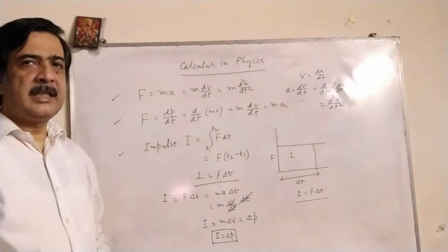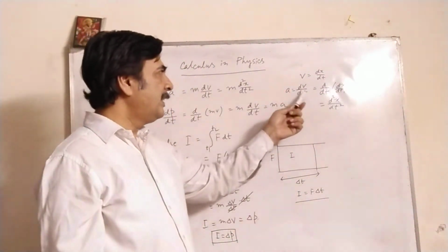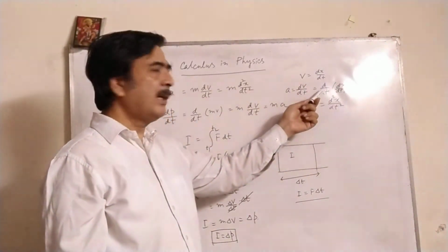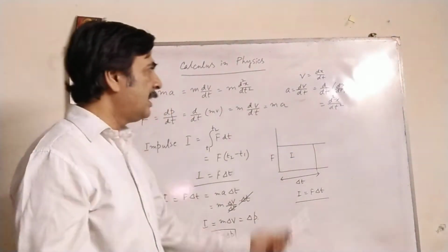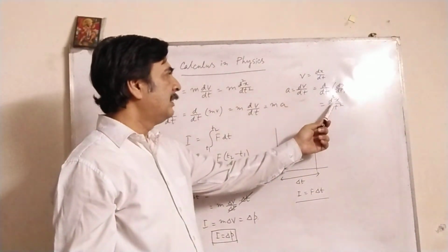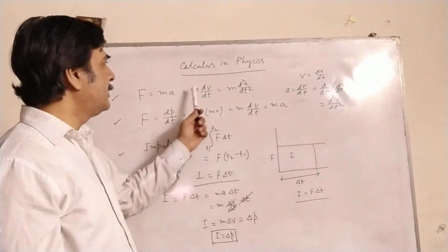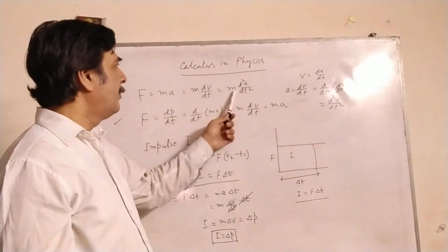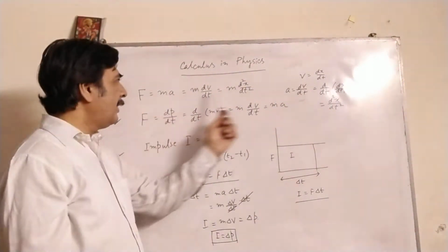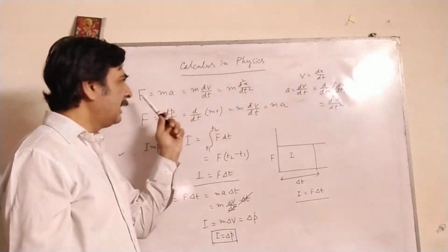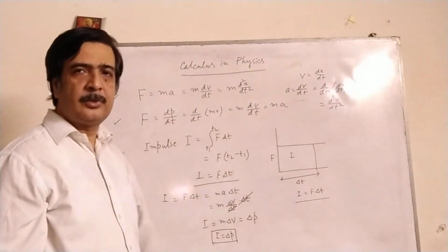So v is equal to dx/dt, a is equal to dv/dt, and v again is dx/dt. Therefore I can write d/dt of dx/dt, that is d²x/dt². So acceleration can be written as d²x/dt², and ma is equal to m dv/dt, equal to m d²x/dt². So F has this form: either ma, or m dv/dt, or m d²x/dt².